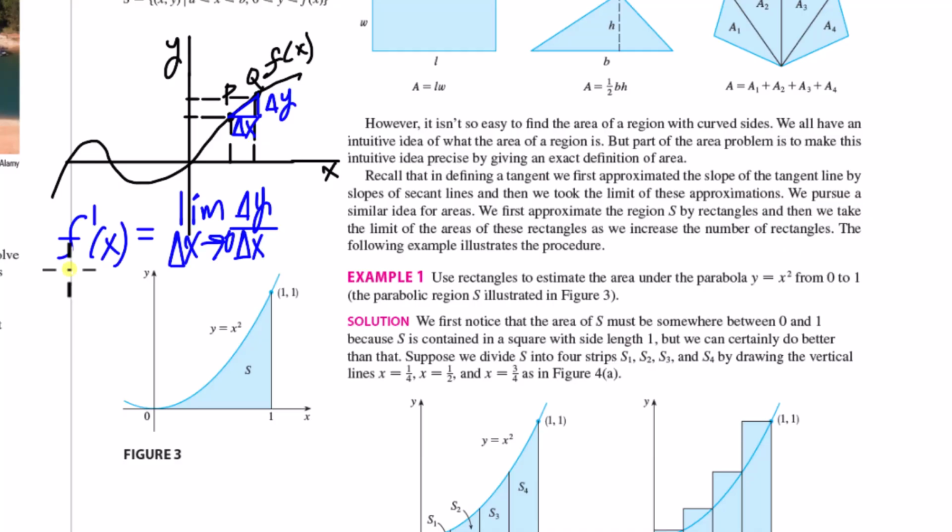In that sense, the derivative also defines other features in math. It's not just married to slopes of tangent lines.